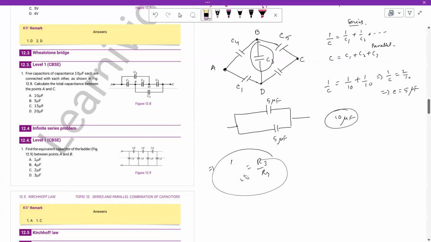Only that this middle part would not be contributing, right? So we can discuss this part.